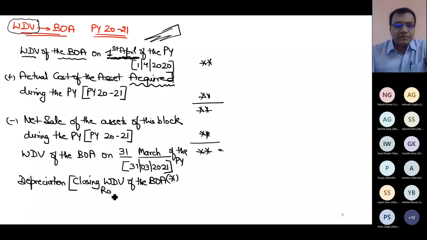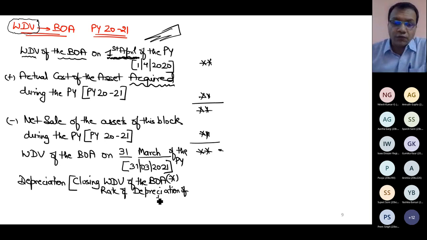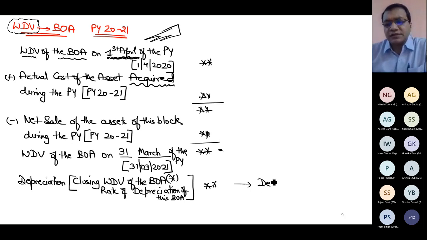Yes, multiplied by 100%, correct. Rate of depreciation of this block. It is just like any asset. Cost multiplied by rate. Same is the case. I'm multiplying closing WDV multiplied by the rate of depreciation of this block. This is that depreciation which I will show. This is my depreciation under section 32. That's it. I will show this on the debit side of P&L account.